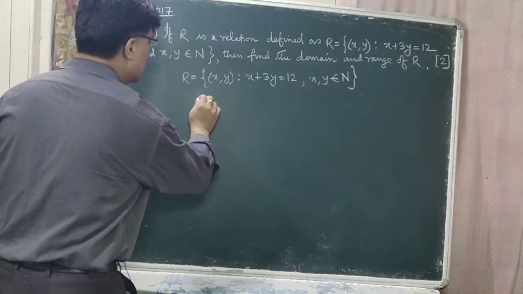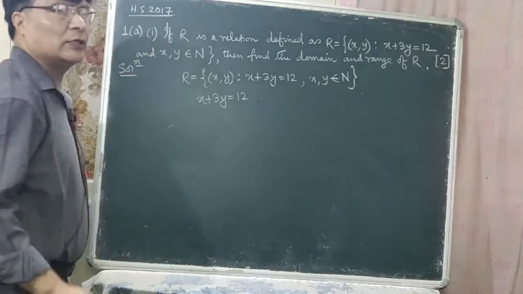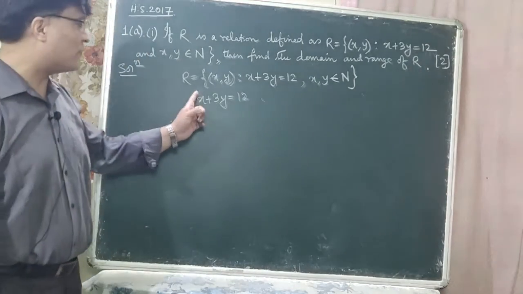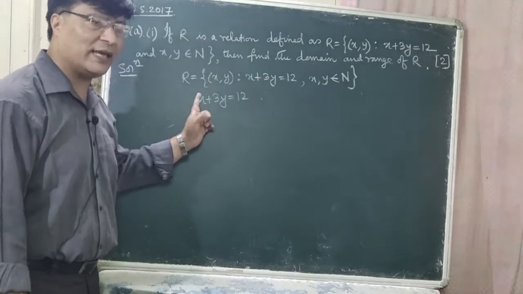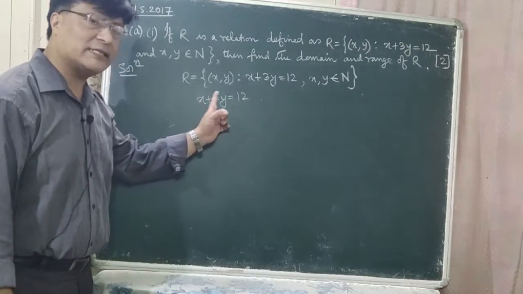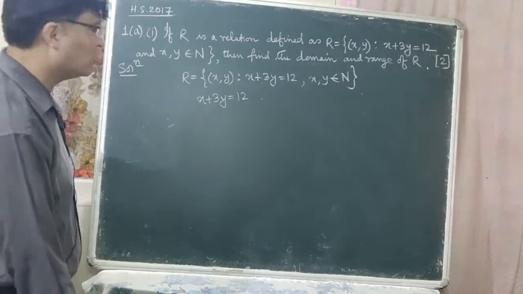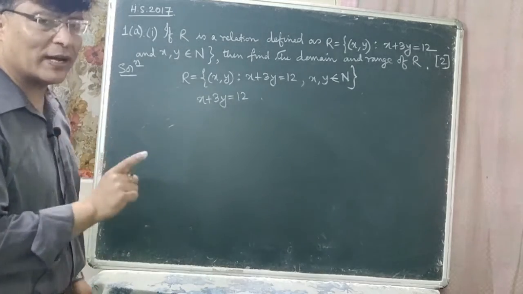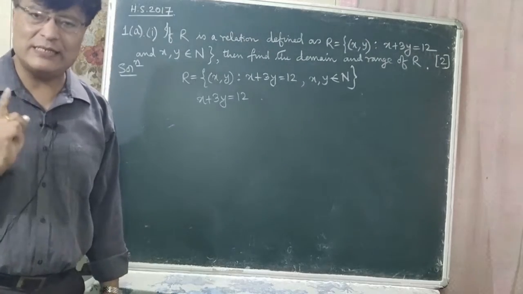So here the relation is x plus 3y is equal to 12. Let us get the values of x and y which satisfy this relation x plus 3y is equal to 12. But x comma y should belong to the natural numbers. They should be positive integers.